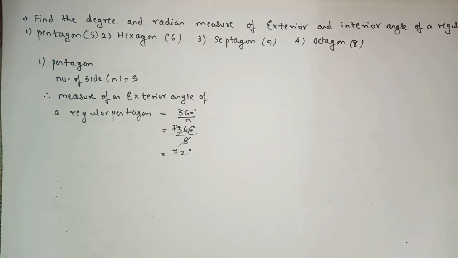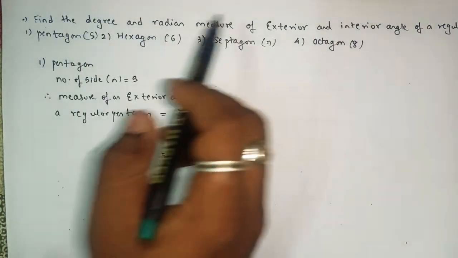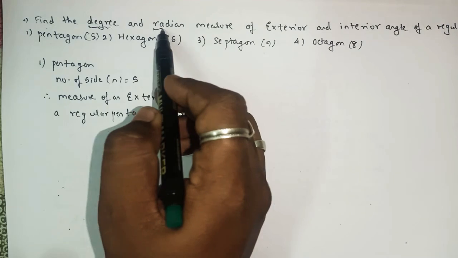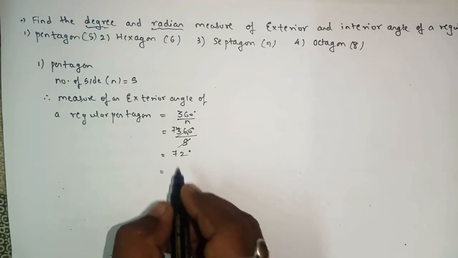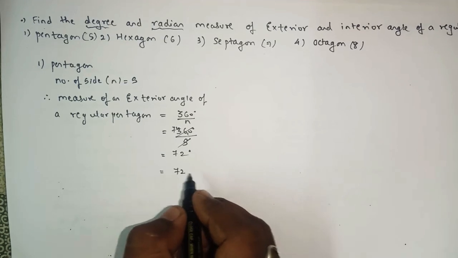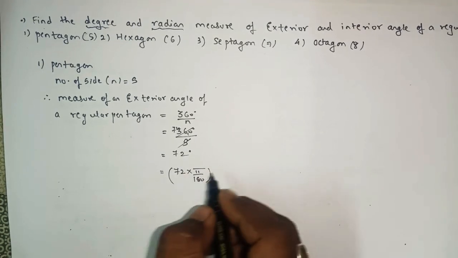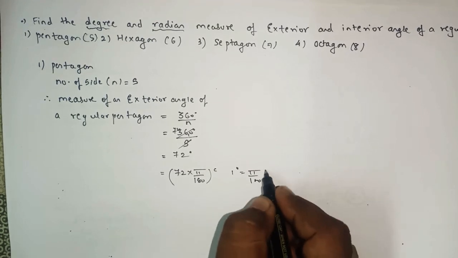Yes or no? But as the question says, we have to find the answer for exterior and interior angles in both systems, degree as well as radian. So now we'll convert this 72 degrees into radian. Simply multiply by pi by 180. So 1 degree is equal to pi by 180 radian.